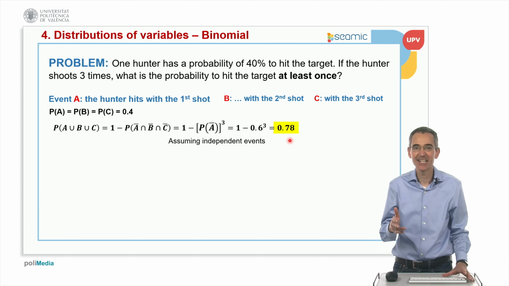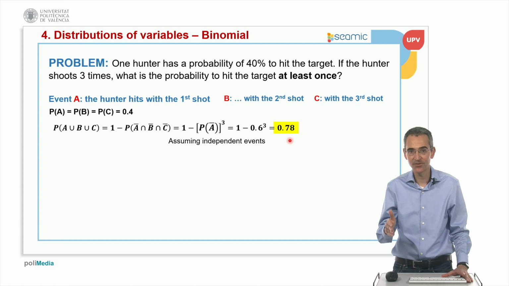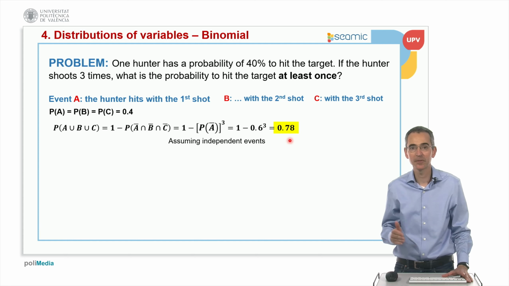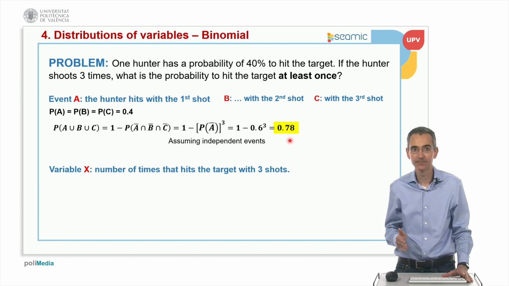In that case, it would be a real example where the events are not independent, but this is not assumed here. We assume that the 3 events are independent. It means that whether he fails or not does not affect the probability of the second shot or of the third shot.